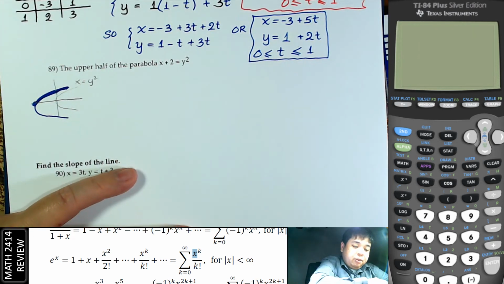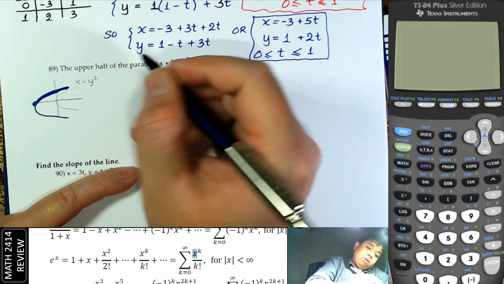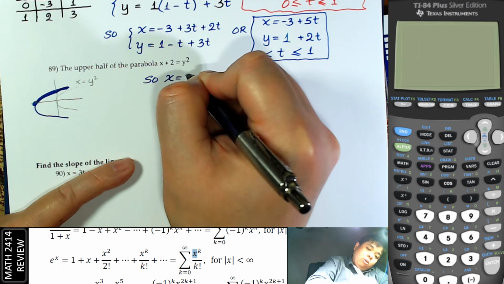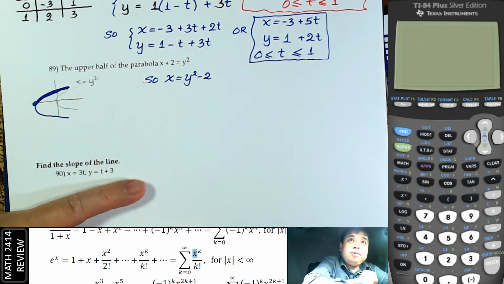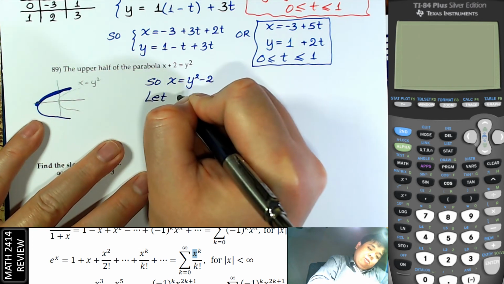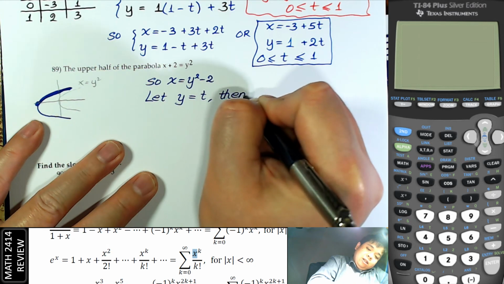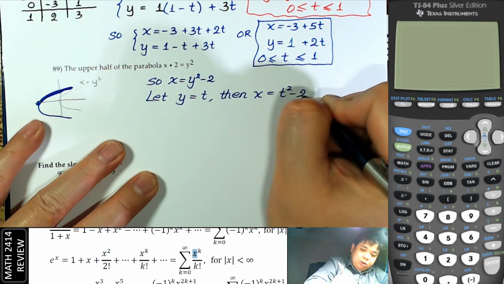So, if it is in this form, it is much easier to solve for x. x plus 2 is y squared. So we can say x is equal to y squared minus 2. Yeah. And then we will say let y equal t. Then x is equal to t squared minus 2.